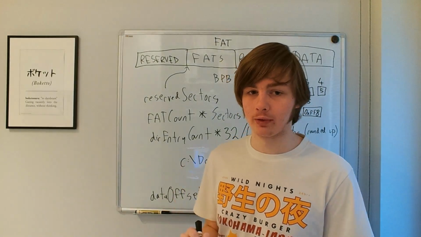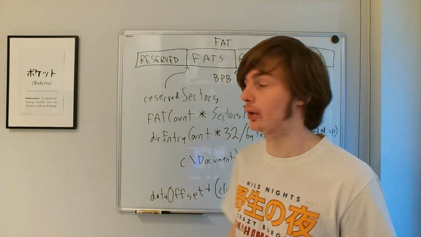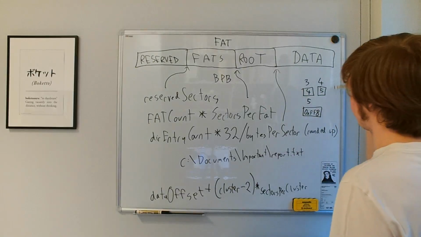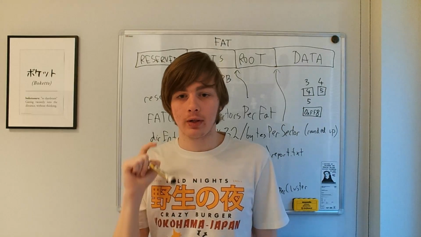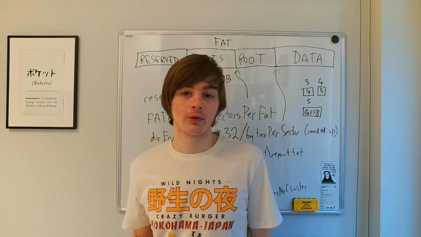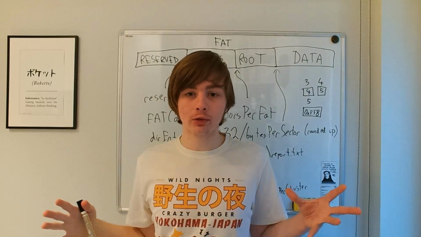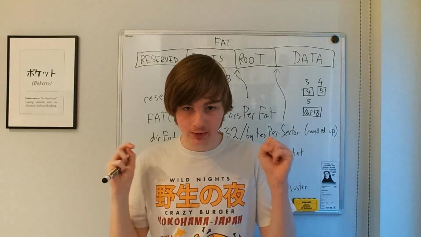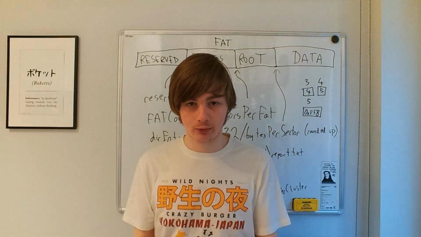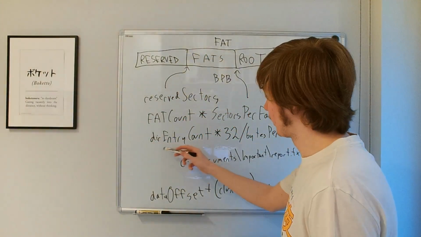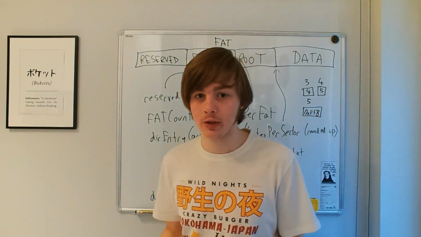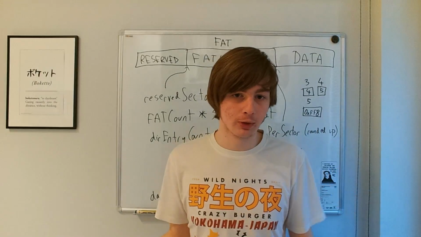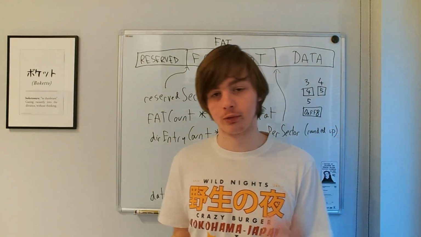Once you find that, you take its cluster number and you read it in the exact same way as a file. The directory you've read is going to have the exact same structure as a root directory. It's going to have those directory entries that are 32 bytes, and they're going to look exactly the same.